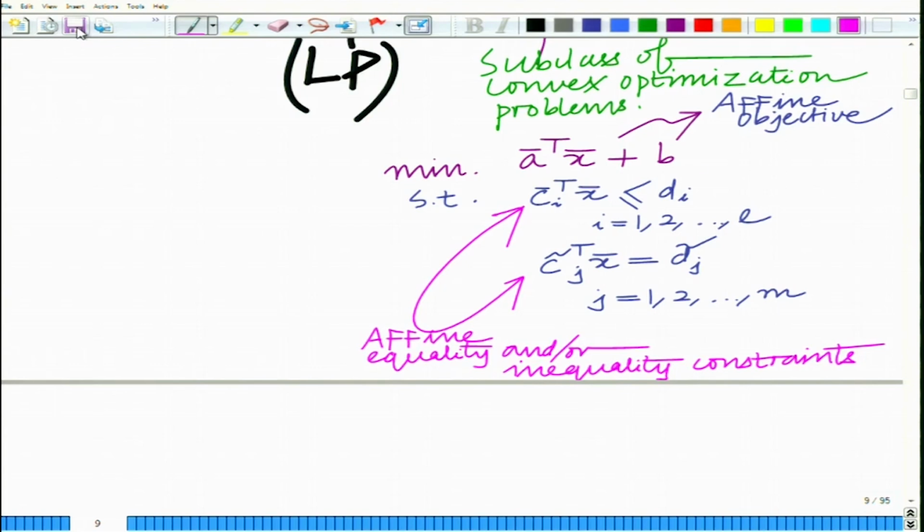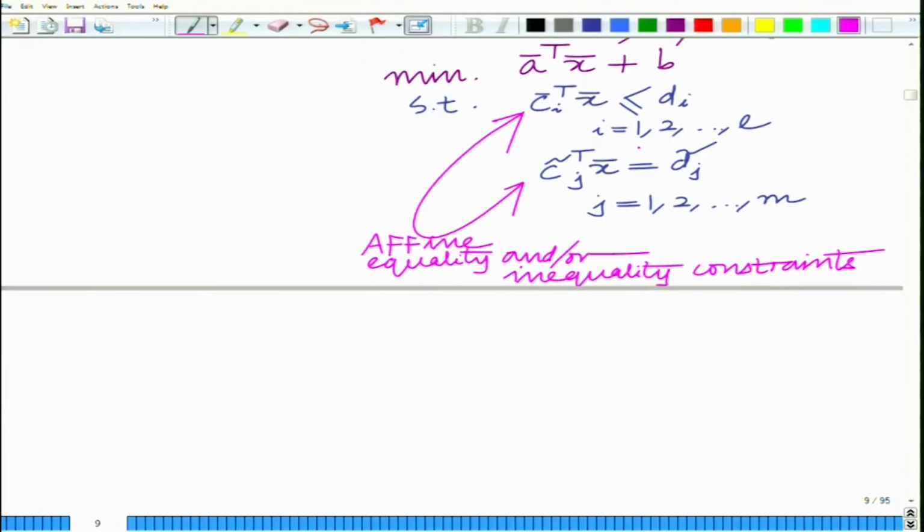Now, of course, an affine function is a convex function, so the objective function is convex. And an affine constraint is also convex. Therefore, this is a special class of convex optimization problem. So, a linear program is a subclass of convex optimization problems in which the objective function as well as the constraints, equality as well as inequality constraints, are all affine in nature. So this is basically your linear program.